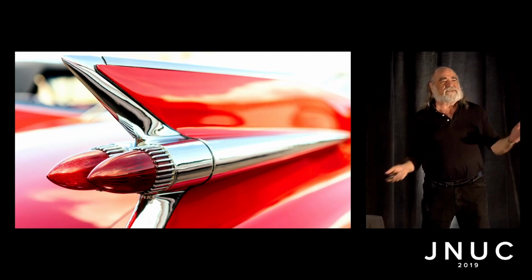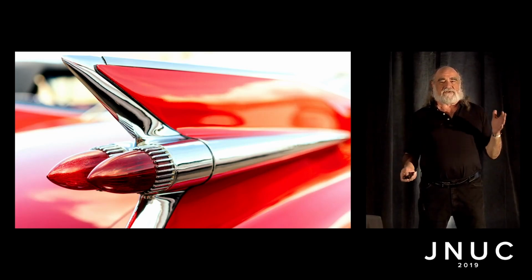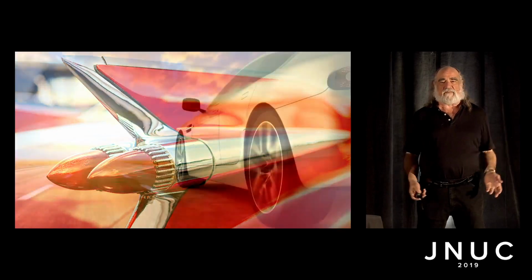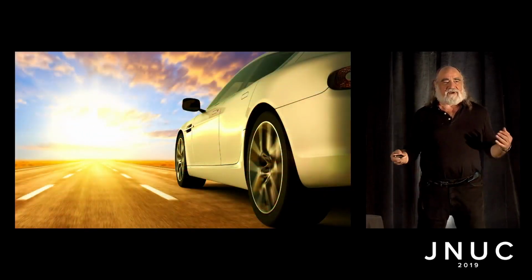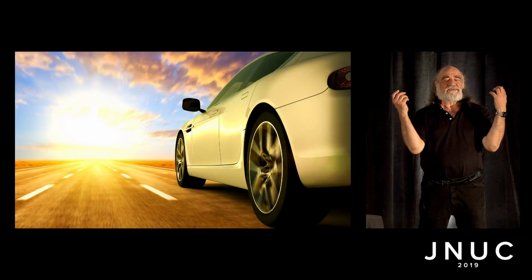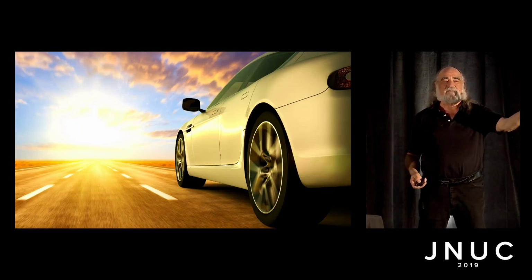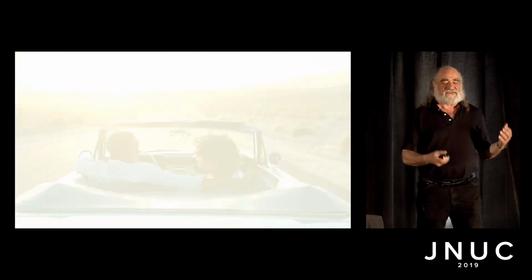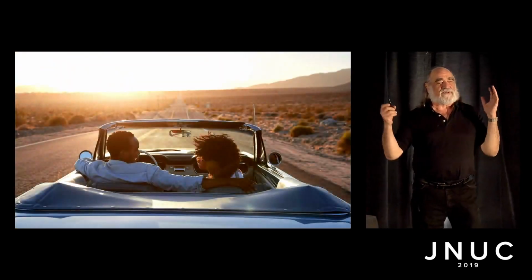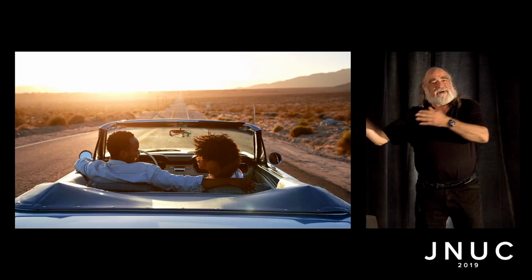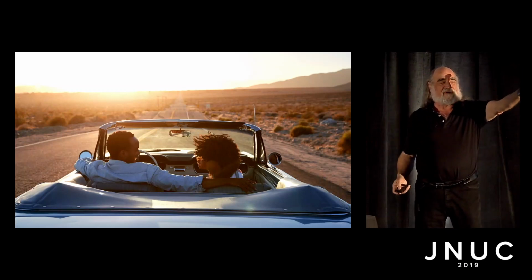And we had an interstate system, and they introduced the concept of the open road, where you were in this vehicle that was an extension of who you are, and you're out on the freedom of the open road. And it was every guy's dream to be in a convertible with his partner headed down the open road.